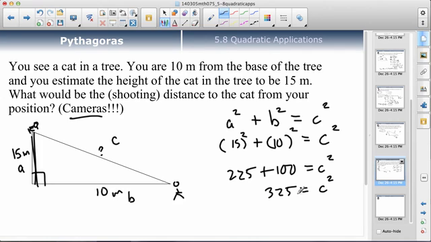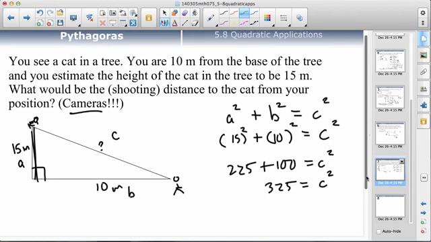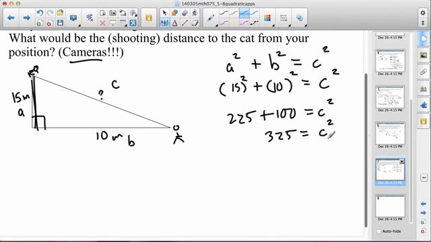In this case, I could move the 325 over to this side, but I don't think that I can take the square root of that. So we use another principle that they show in your book, and it's called the square root principle. If I have a variable squared over here, equal to a number, what I want here is just a C. So to get a C, what I can do with the C squared is take the square root of it.